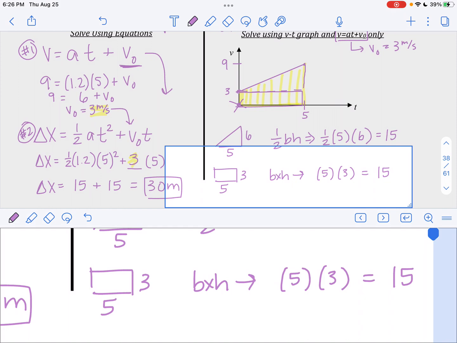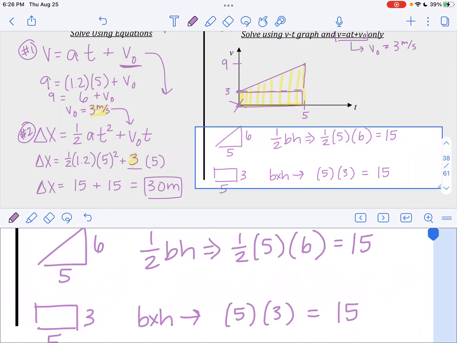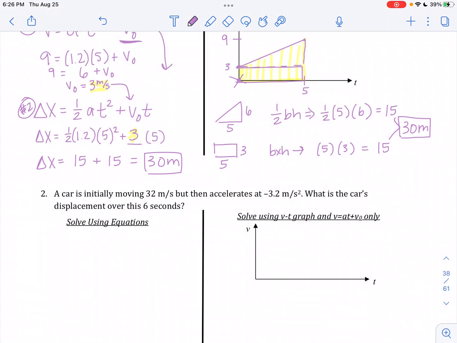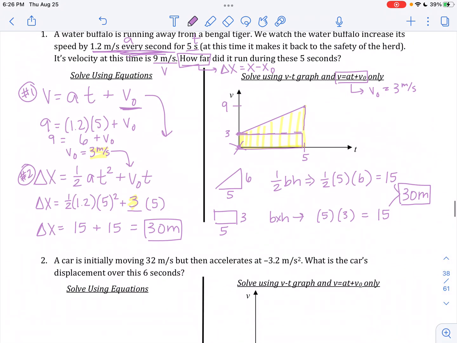And I get 15. So to find the total area, I need to add both of those together to get 30. And then my answer is not quite complete because I should have units. But notice both of these questions, I solved them very differently, but I got both answers of 30 meters, and that's the correct answer for this problem.